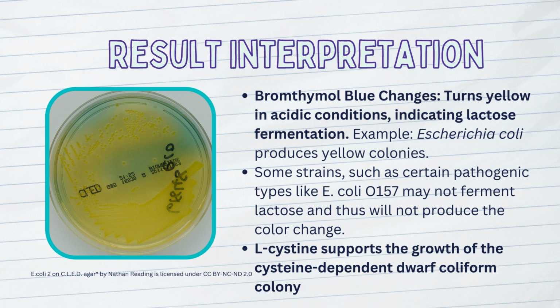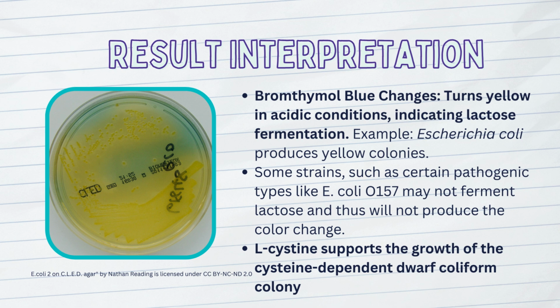So for example, some strains of E. coli are lactose fermenters, right? Actually, not just some, the majority are lactose fermenters. So these strains of E. coli, because they can ferment lactose, produce a byproduct which is acidic, which results in the indicator, bromothymol blue, shifting from blue to yellow. And that's how you'll see it.